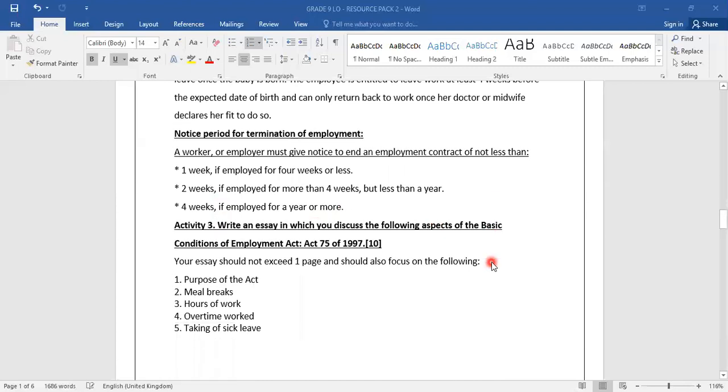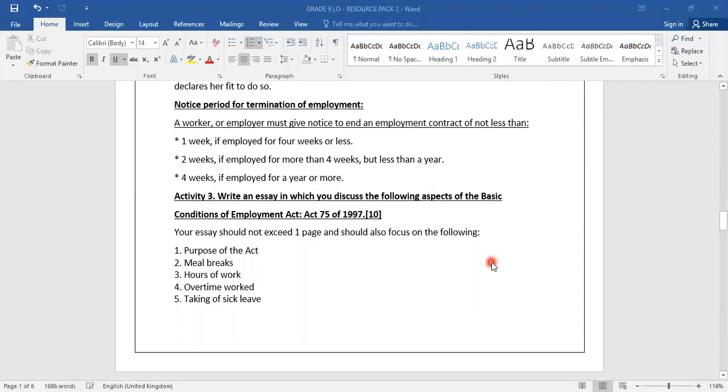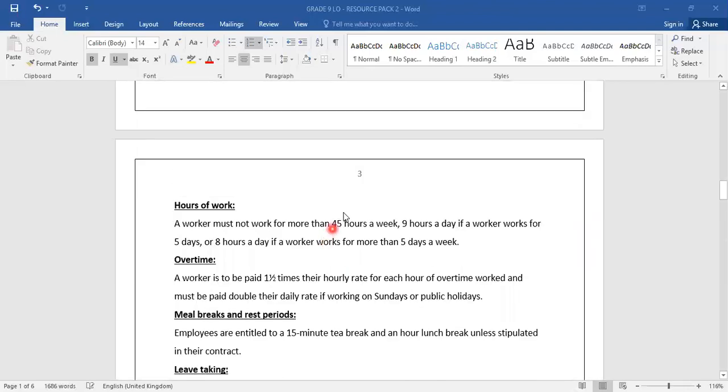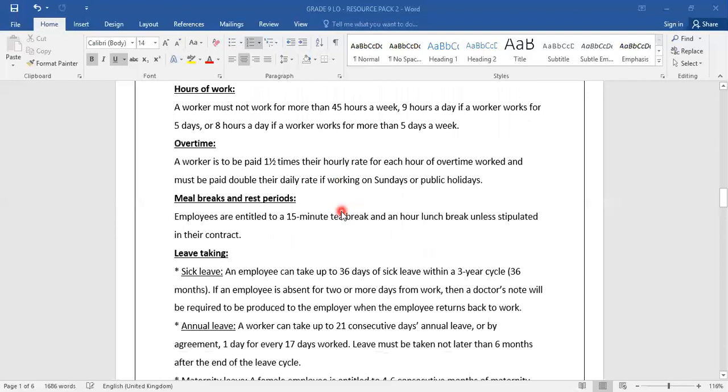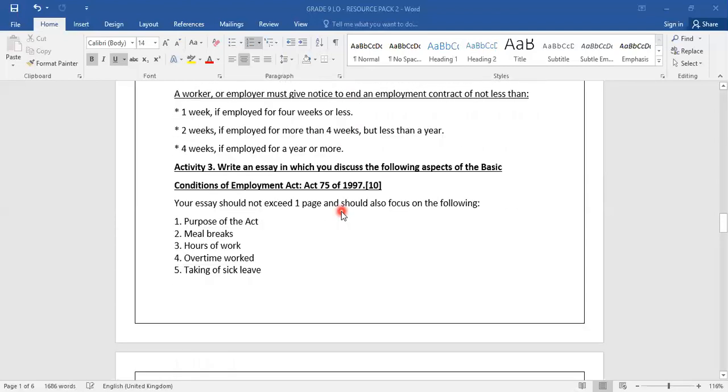Now, boys and girls, moving on to our next activity, which I'd like you to complete for the week ahead, is activity 3, which is found on page 3 of your second life orientation resource pack. Activity 3 requires you to write an essay in which you discuss the following aspects of the Basic Conditions of Employment Act.